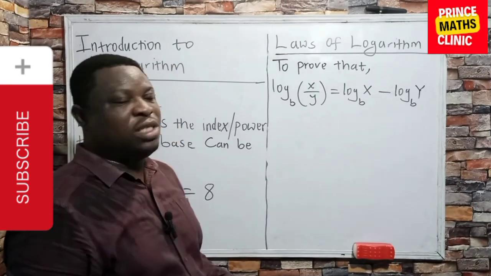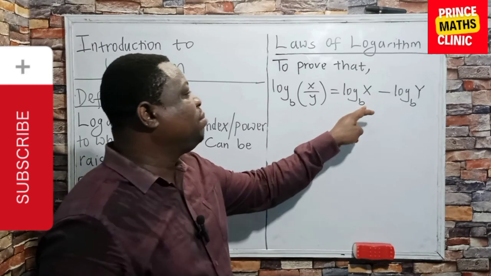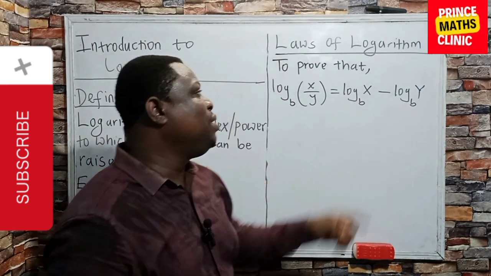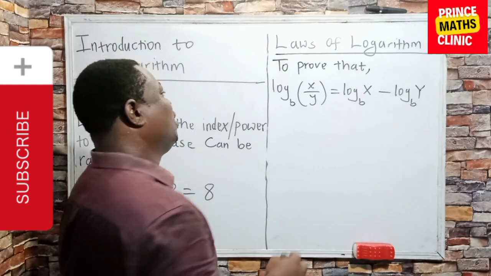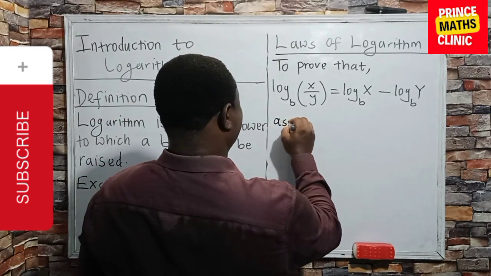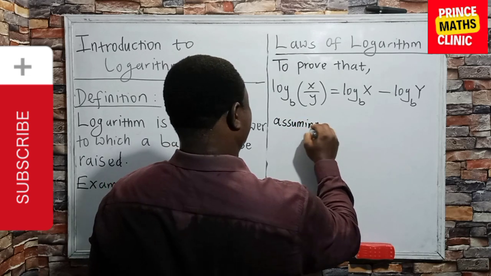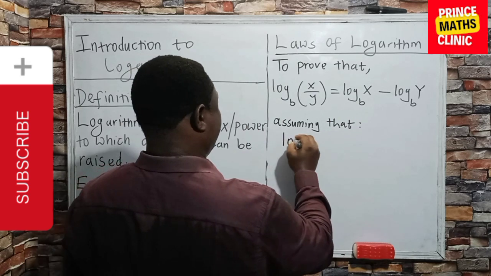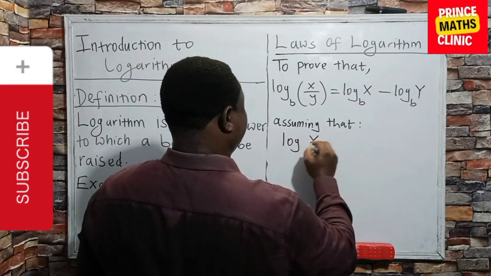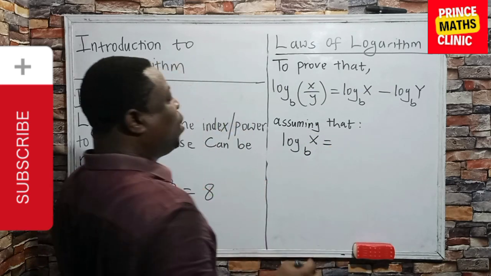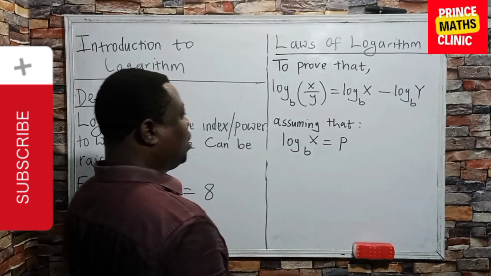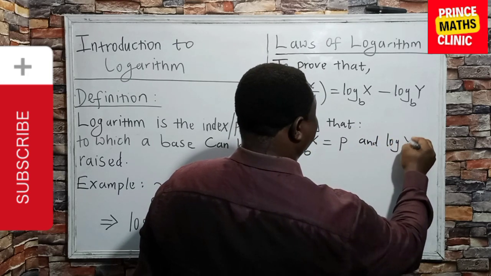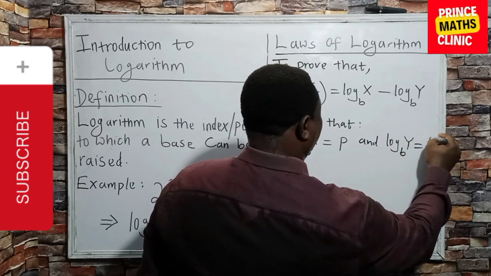In order to do this, we need to assign log x base b a particular letter and log y base b a particular letter as well. So, assuming that log x base b, let us call this p, and log y base b, let's call it q.